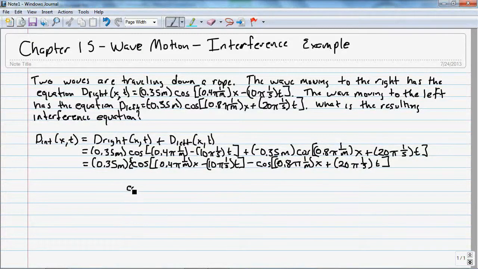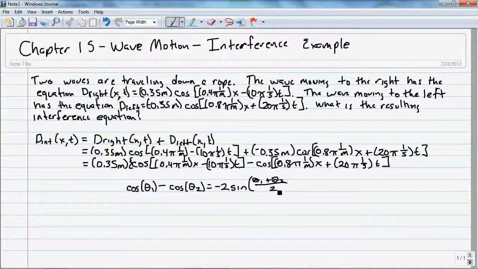So we have cosine theta 1 minus cosine theta 2 is equal to negative 2 times sine of the two angles added together divided by 2 times the sine of the difference of the angles.